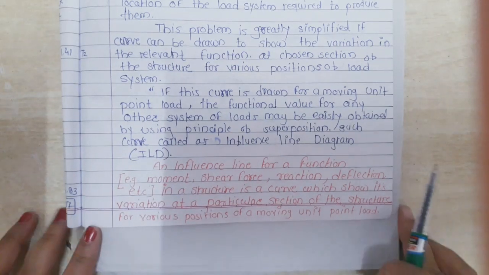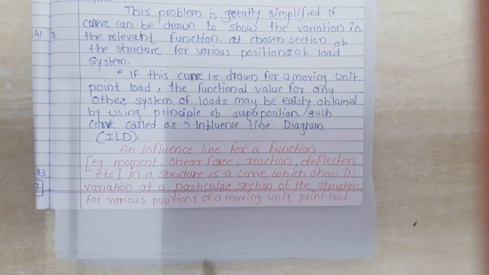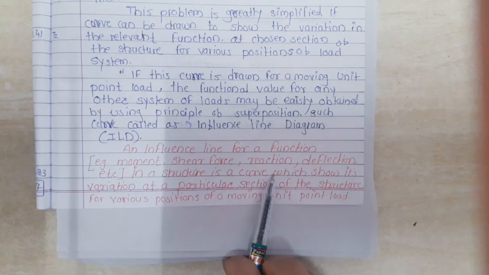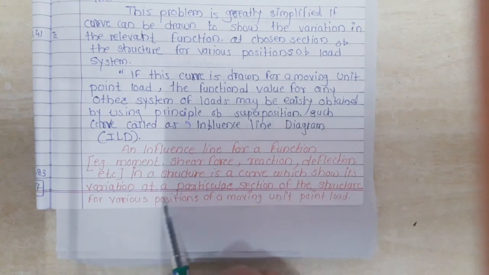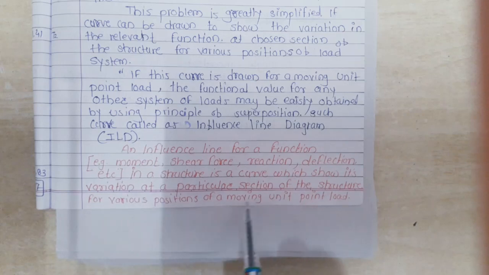Another definition: an influence line for a function, for example bending moment, shear force, reaction, deflection, etc., in a structure is a curve which shows its variation at a particular section of the structure for various positions of a moving unit point load. Okay, it's called the influence line diagram.